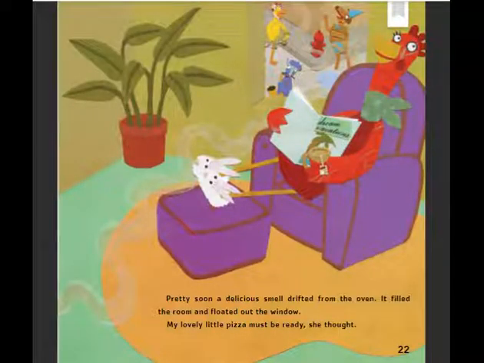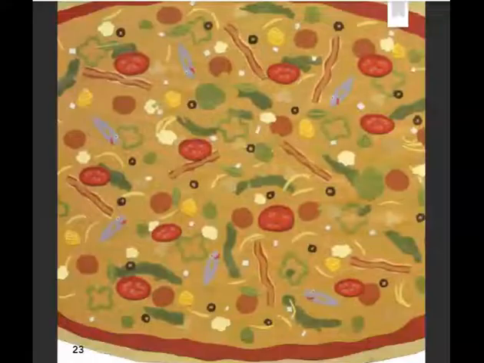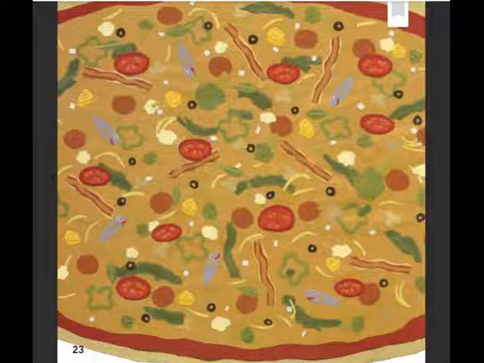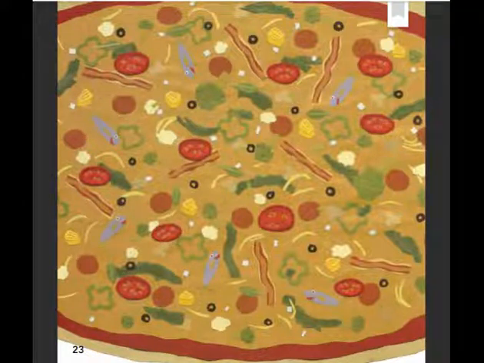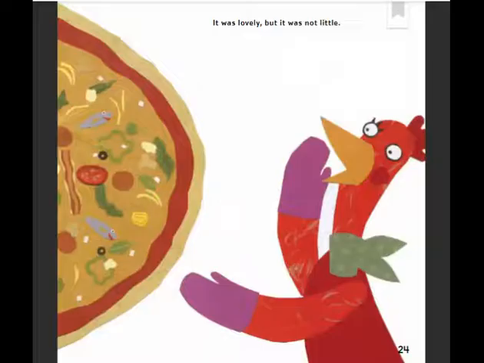Pretty soon, a delicious smell drifted from the oven. It filled the room and floated out the window. "My lovely little pizza must be ready," she thought. It was lovely, but it was no little.